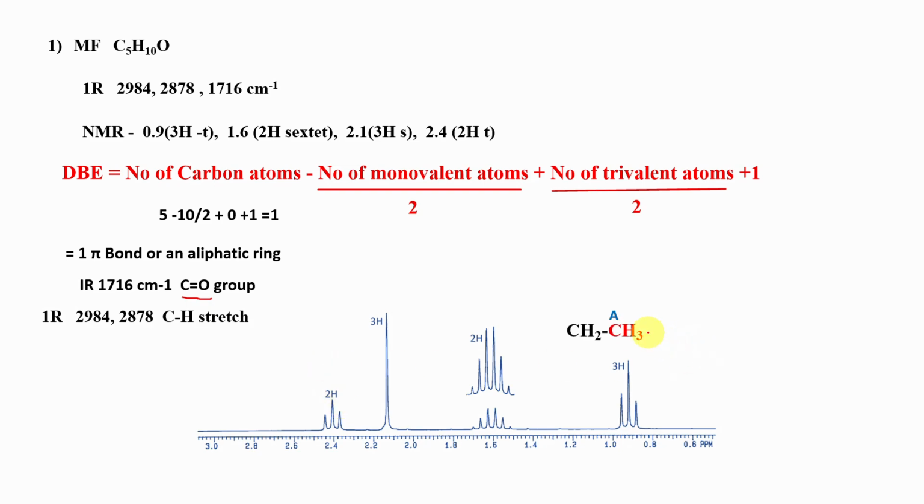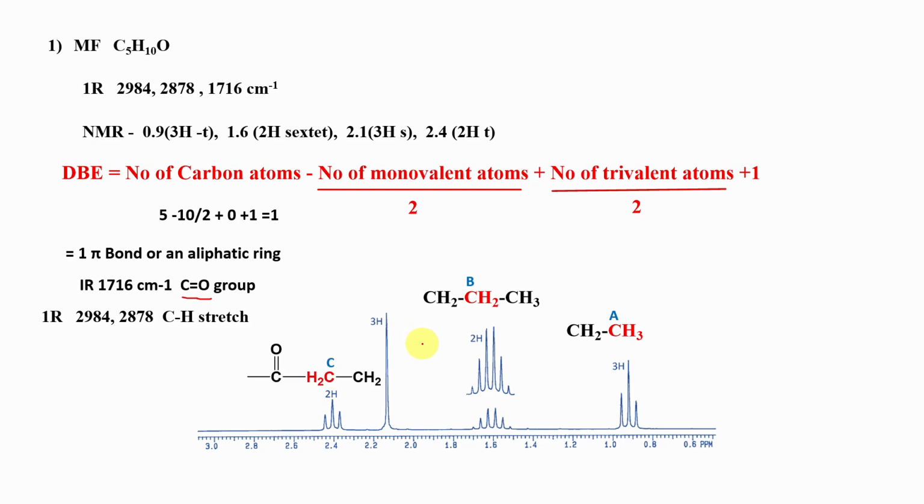Okay, it is 3 hydrogen triplet and it is 2 hydrogen sextet. That means the CH2 group is attached with a CH2 group and a CH3 group on either side, and total 5 hydrogen atoms, and hence this CH2 group gives a sextet.